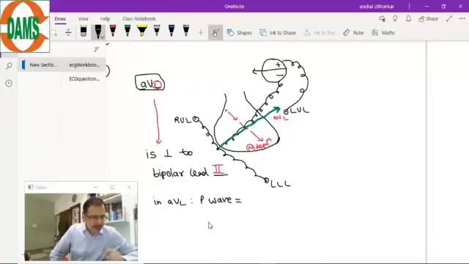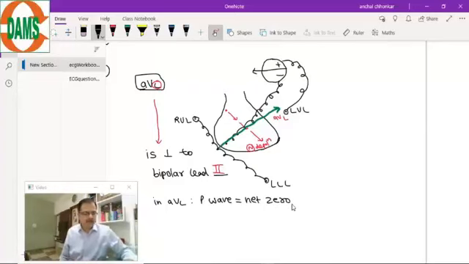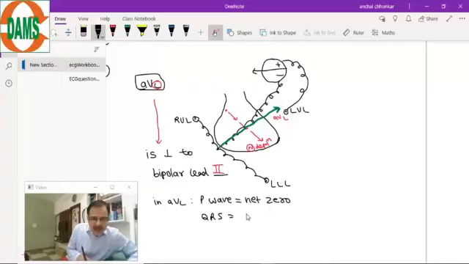It will be perpendicular to lead 2, so it will show a net zero deflection. Yes, it will be net zero because the current is moving almost perpendicular to lead AVL. And the QRS, again, the net will be almost zero.